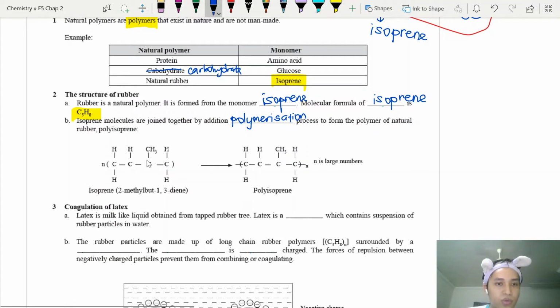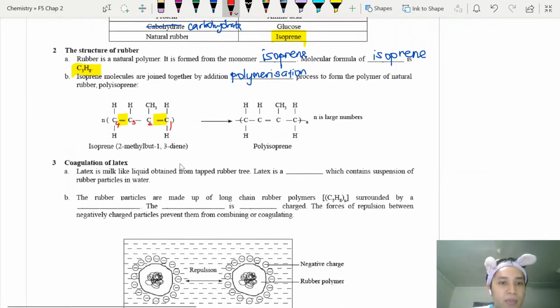So you need to know the chemical structure of isoprene. This is a very special structure, because normally when we learn about alkenes, you only learn one double bond in the structure, but isoprene has two double bonds. This is the first carbon, second carbon, third carbon, and fourth carbon.